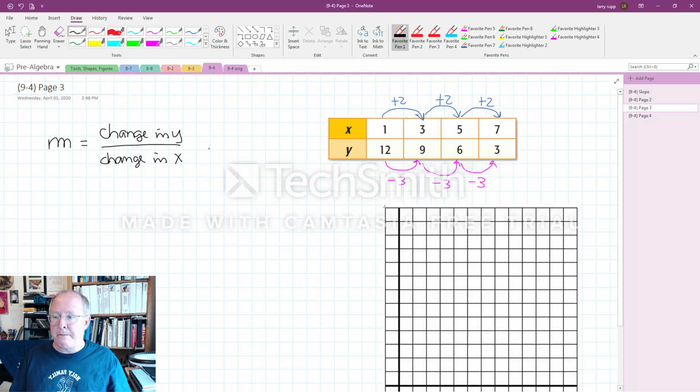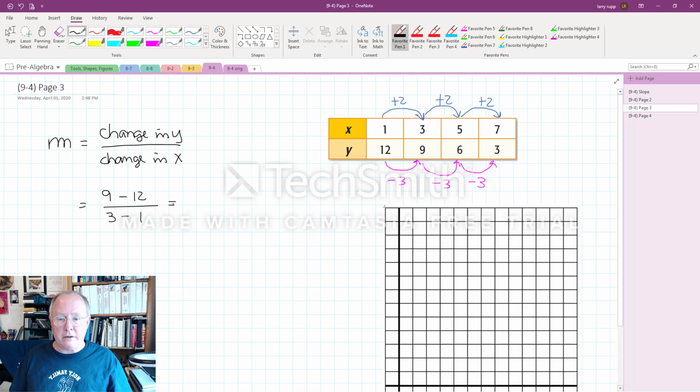So let's pick two of these numbers. The change in y, what is that? Well, we went from a 12 to a 9, because this is how you calculate change. And for the x's, we went 1 to 3 going the other way.